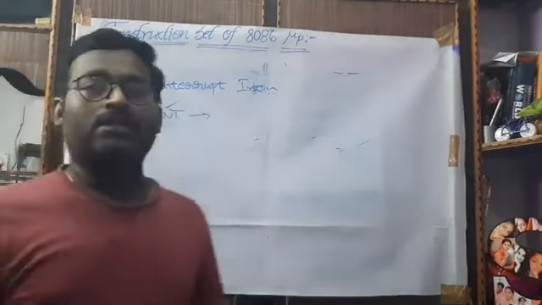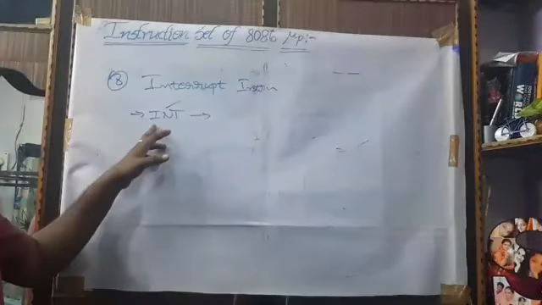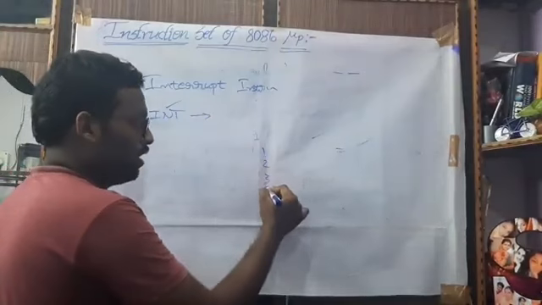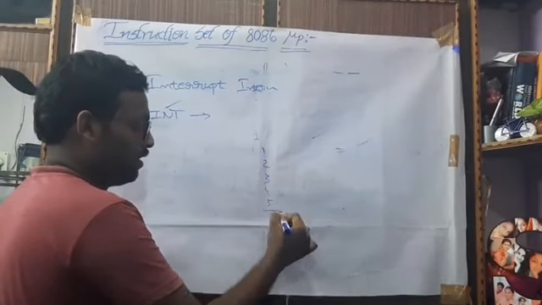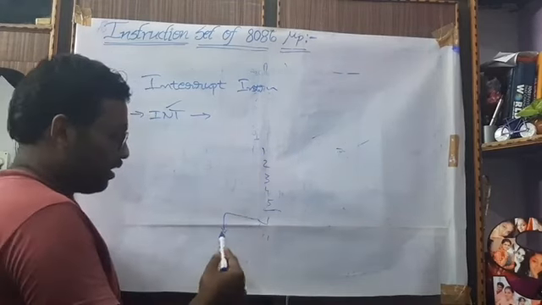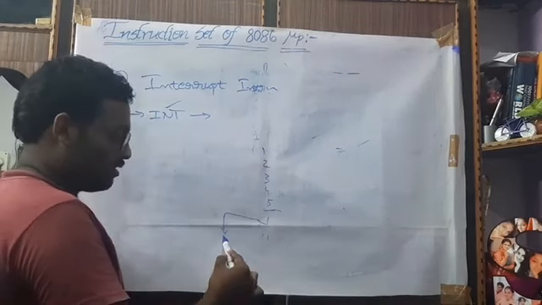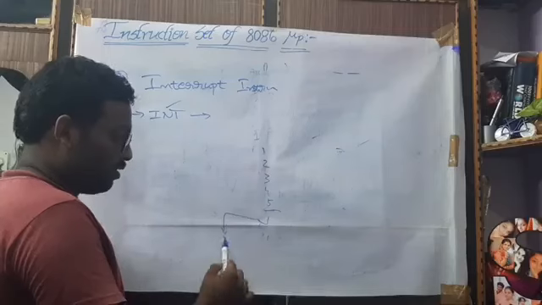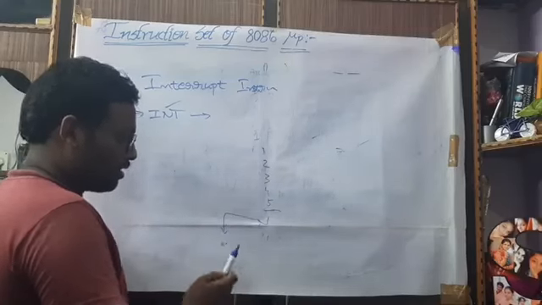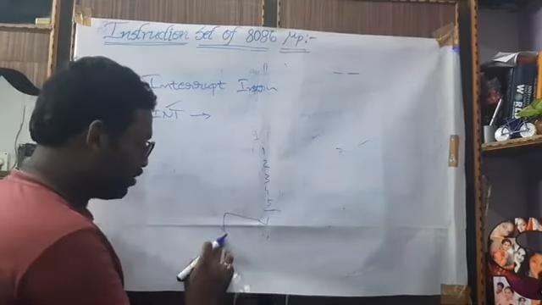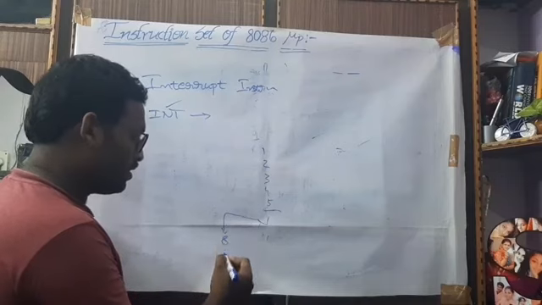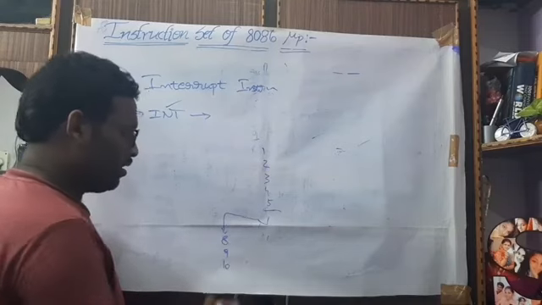If this instruction executes, the microprocessor's execution sequence breaks here, and it takes another set of instructions, suppose in other locations, 8th, 9th, 10th.